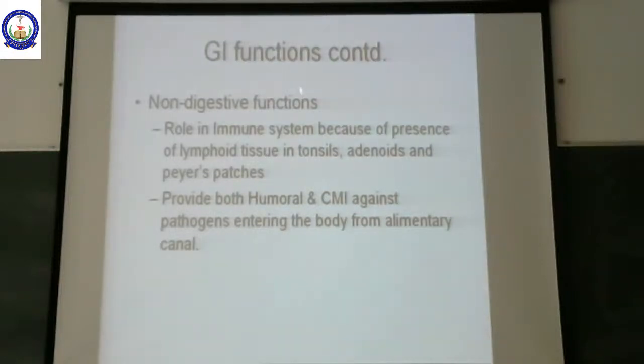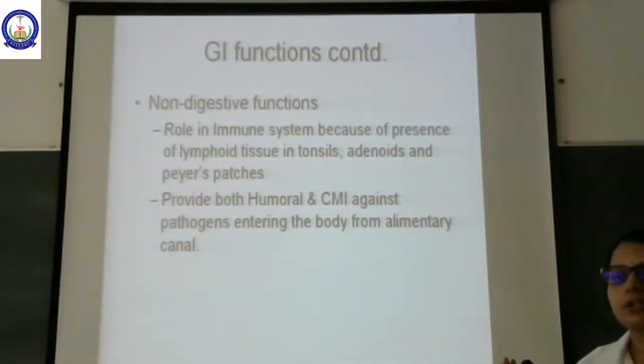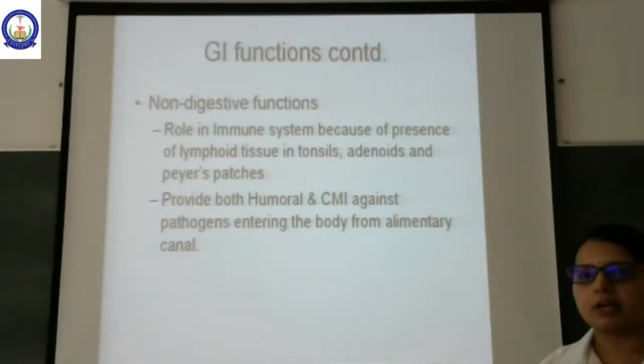Okay. So tonsils, plus adenoids. Adenoids are also a collection of lymphoid tissue which are present in the nasopharynx. Okay. Next, Peyer's patches. Peyer's patches are large collections of lymphoid tissue which are present in the intestine.